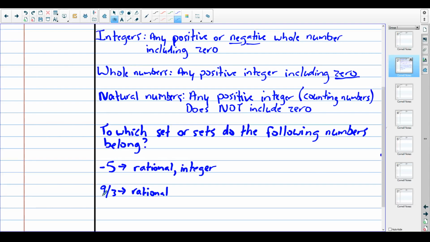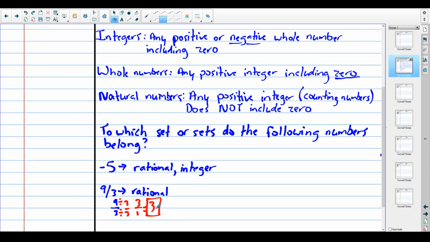And that's the trick. Because if you think of 9/3, you ask, can I simplify 9/3? And we can. What can I divide 9 and 3 by? I can divide both of those by 3. And that gives me 3 over 1, which is just 3. So 9/3 is equivalent to 3. So what kind of number is 3?